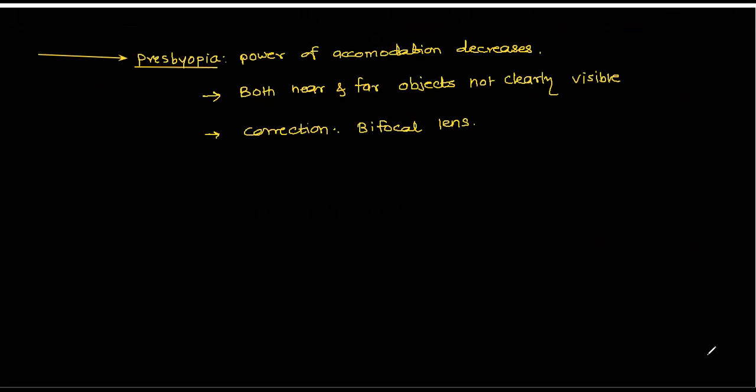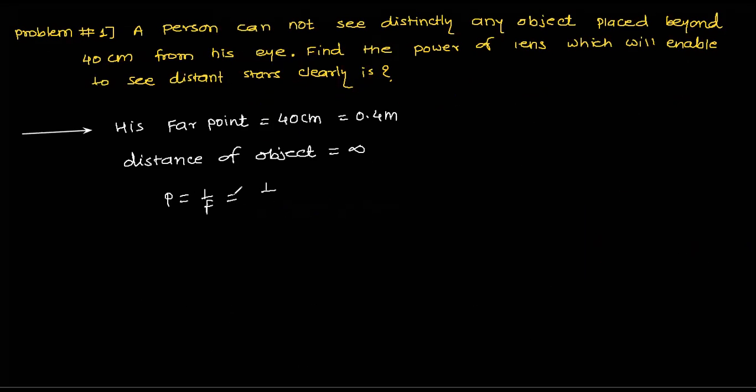So let's see now. I will write the formula first. Far point, FP, means 1 by far point minus 1 by object distance.